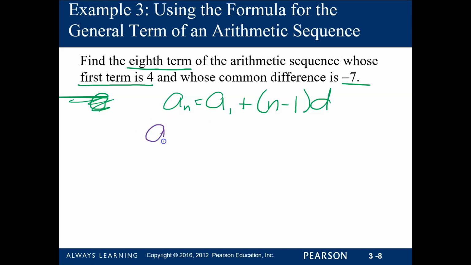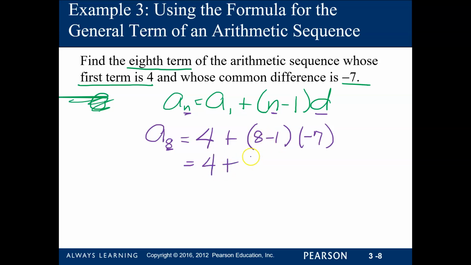So this is now a sub 8 is equal to, do we have our first term? Yes, that's the 4, plus n minus 1. Where is this n? This is that number. So we will have 8 minus 1, and then our common difference is -7. If you work out this value, you will have 4 plus 8 minus 1 is 7, multiplied by -7.